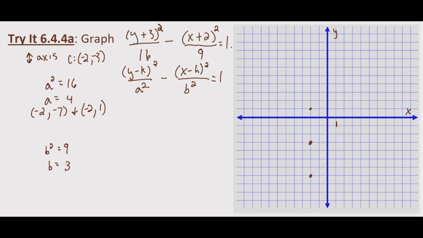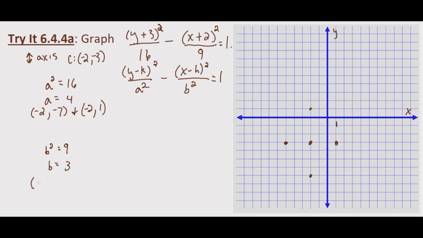So with b² equals 9 and b equals 3, we're going to go left and right 3 from our center. So 1, 2, 3. 1, 2, 3. And then we can draw our box once we verify these points. So now -2 is what's going to change because we're going left and right, the x direction.